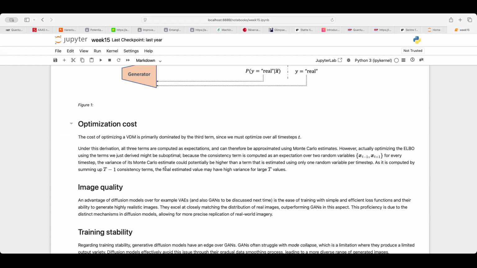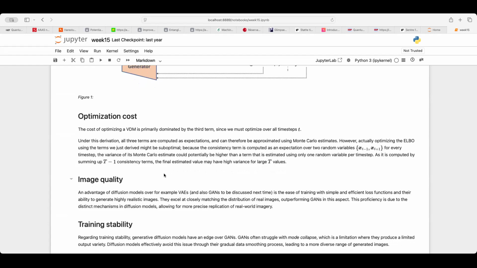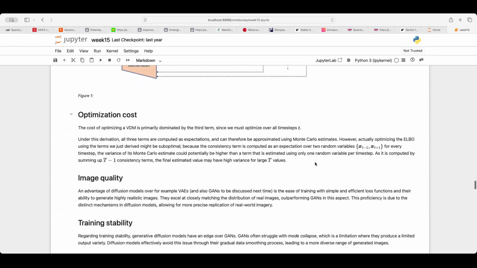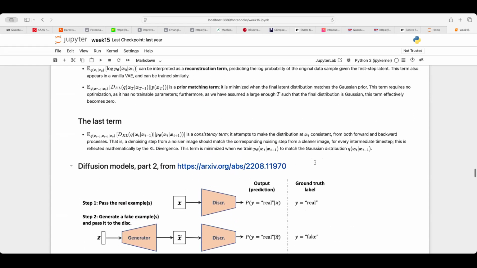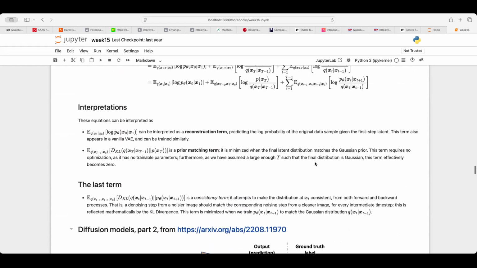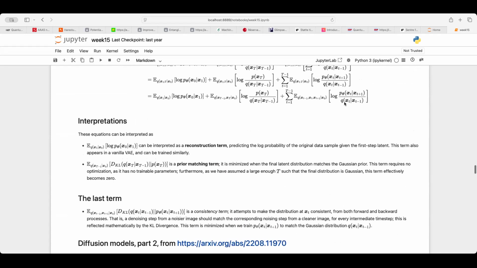Then the variance of its Monte Carlo estimate could potentially be higher than a term that is estimated using only one random variable. So actually this last term is the one which we put up here. This is actually the one which can lead to unstable results in a diffusion model.